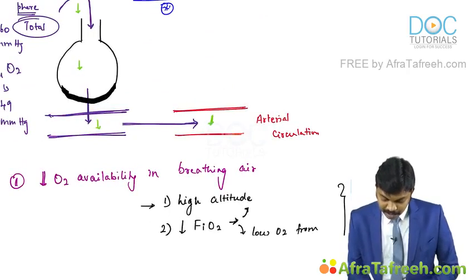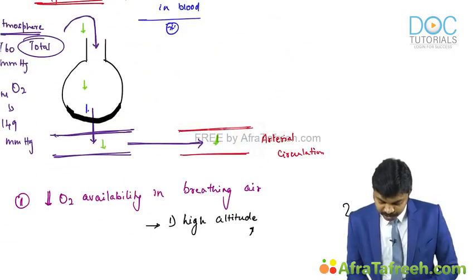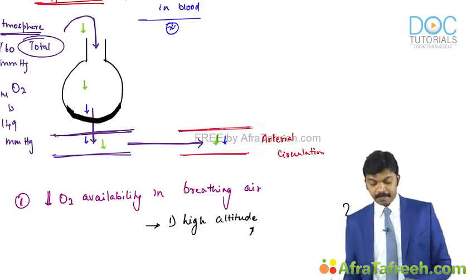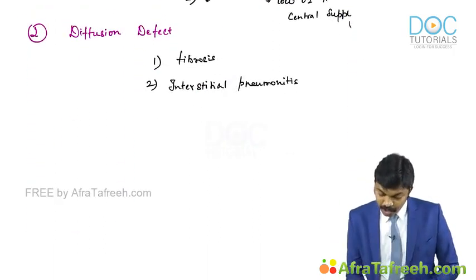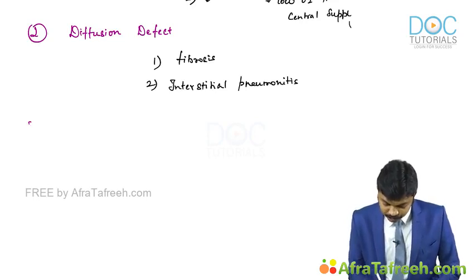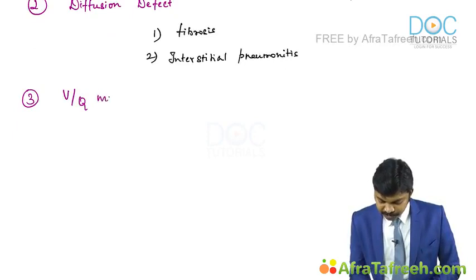So, we do have less diffusion, less oxygenation in arterial circulation. Okay, that is the second reason, diffusion defects. Now, friends, let us see the third condition. Let us take up V by Q mismatch. Ventilation perfusion mismatch, doctors.